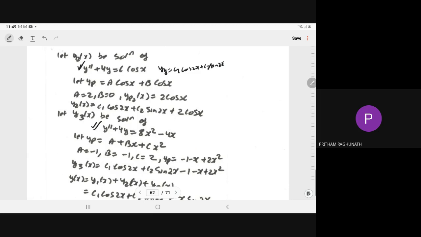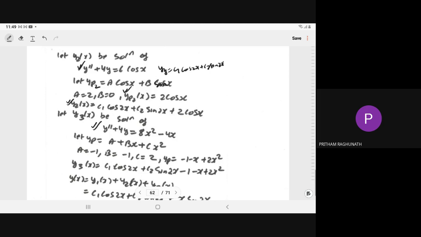Only we compute yp2. Here yp2 we consider as a cos x + b sin x. Here you will get a = 2, b = 0. So yp2 will come 2 cos x. So y2 will become yg plus yp: c1 cos 2x + c2 sin 2x + 2 cos x.